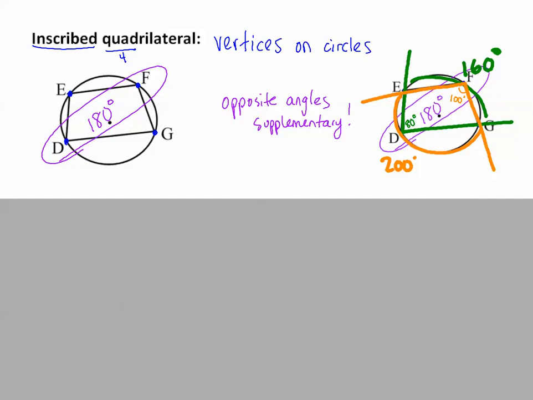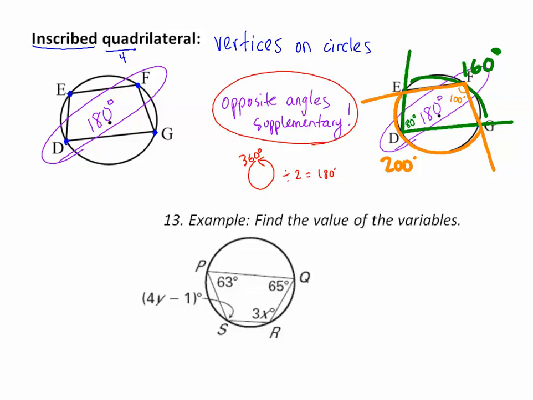Or we can think of it that the whole way around the circle is 360, so half of that, putting those two together, so divide it by 2 to get 180. So the opposite angles are supplementary. Make sure you're only doing that for when it's in a circle. So if I want to know what x is, I look what's opposite to that angle, because see the inscribed angles on the circle.